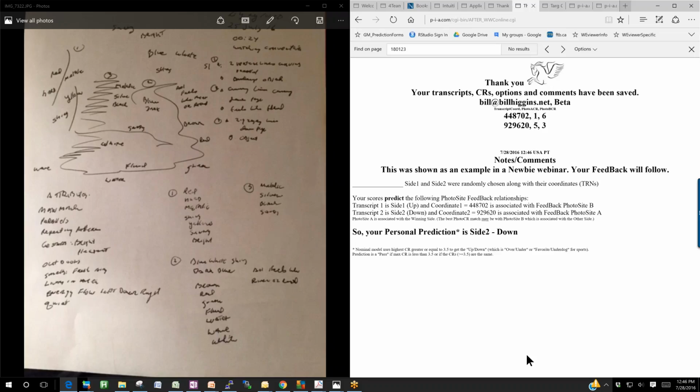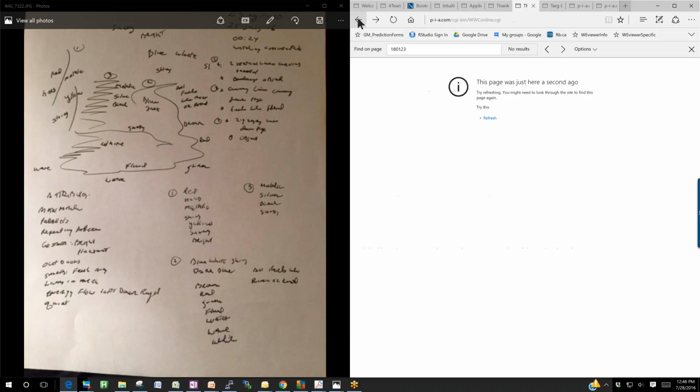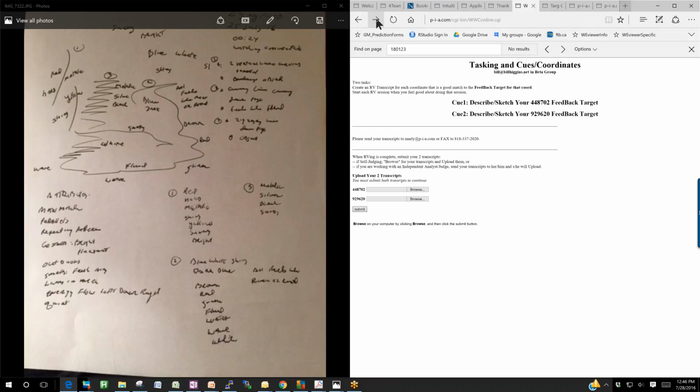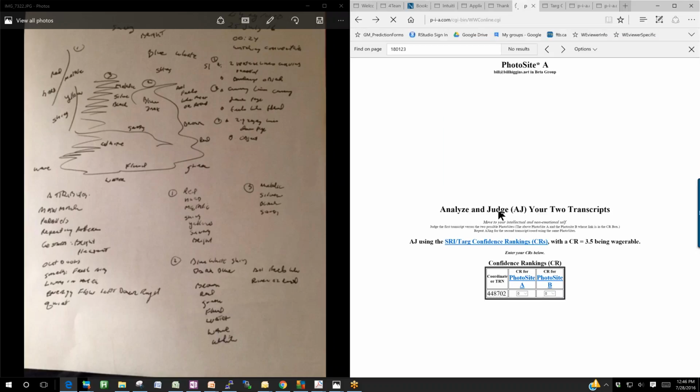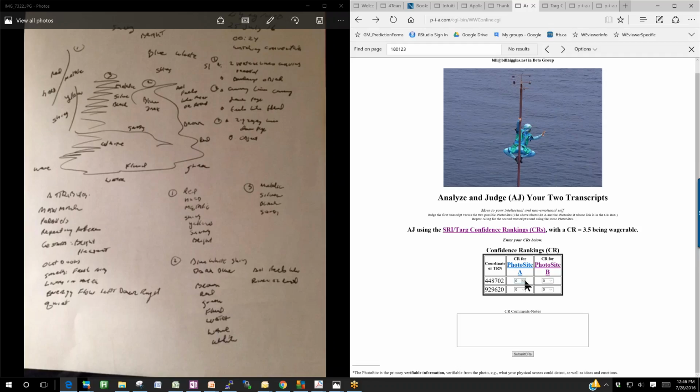Oh, look what I did. I left the 6 and the 5, but see, I can go back. Let me see if I can get it from here. None of you caught that, but I'll resubmit it here. This was a 3, 2.5.